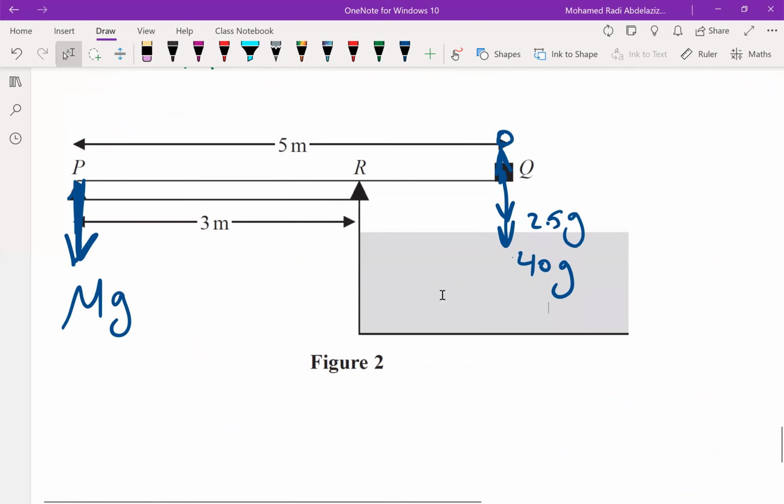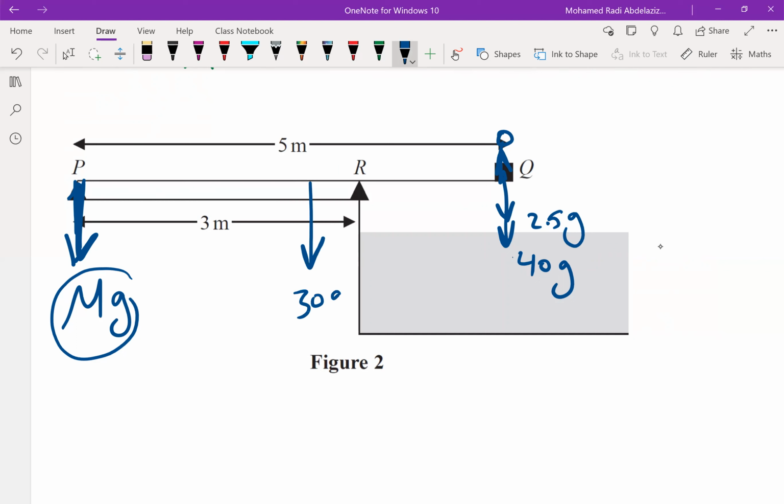So now, without tilting, the system is in equilibrium, we have here weight mg. We still have the weight of the rod in the middle, which is 30 kilogram, acting at 2.5.